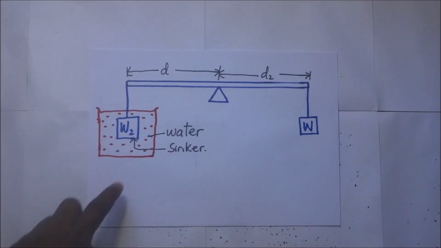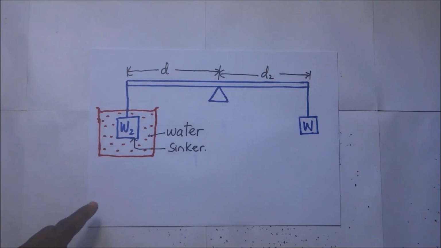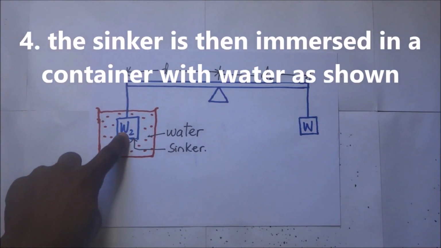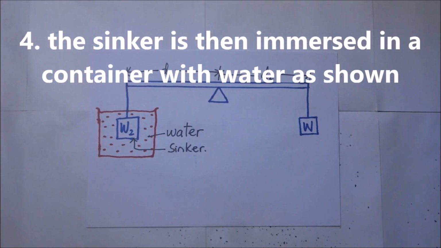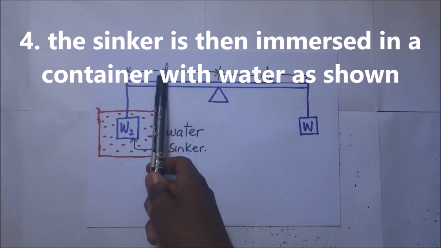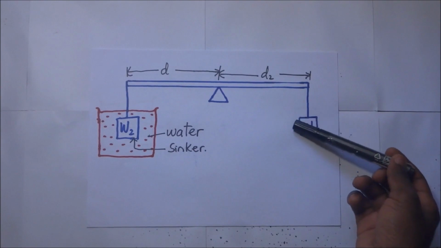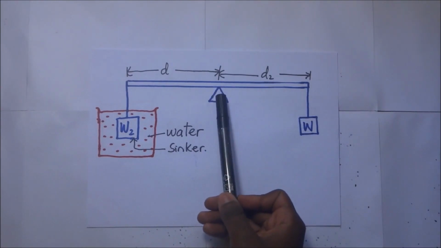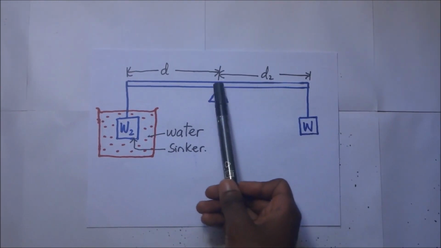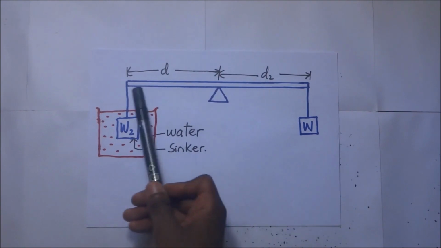So this sinker is now immersed in water, as we have seen right here. After immersing it in water, remember, we keep D constant. And so what we do is adjust the distance between the pivot and the known weight until this lever balances.